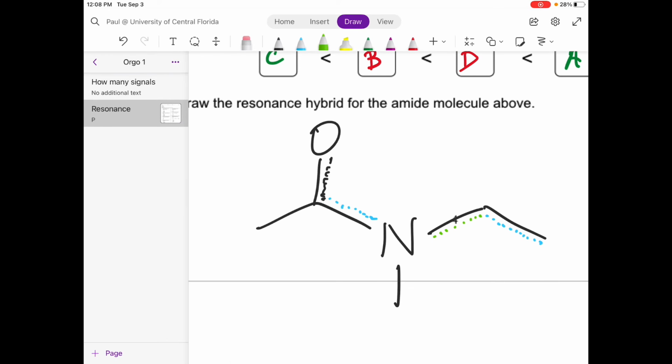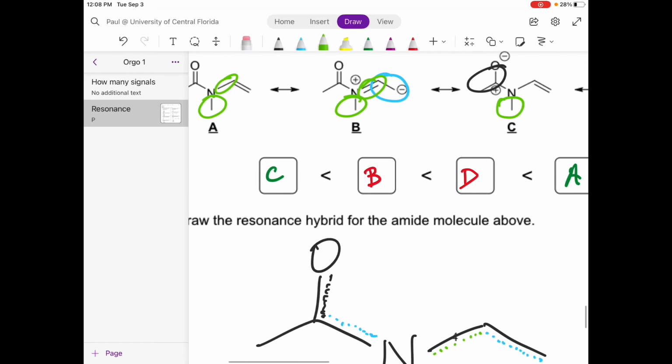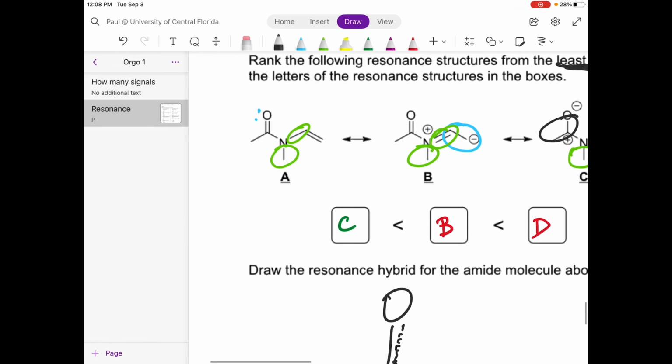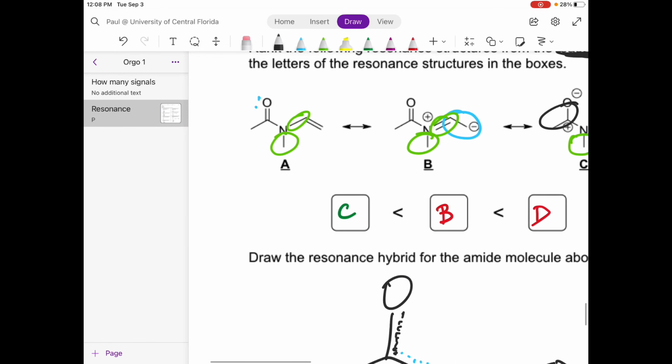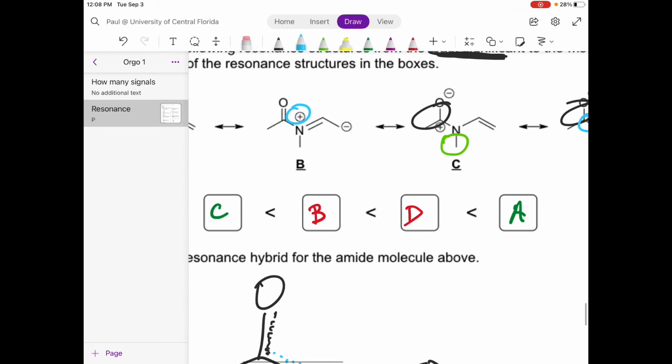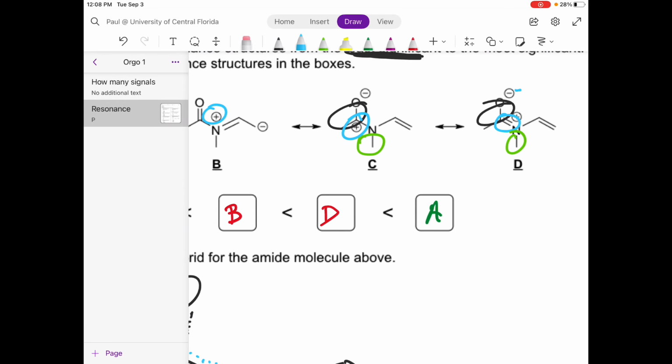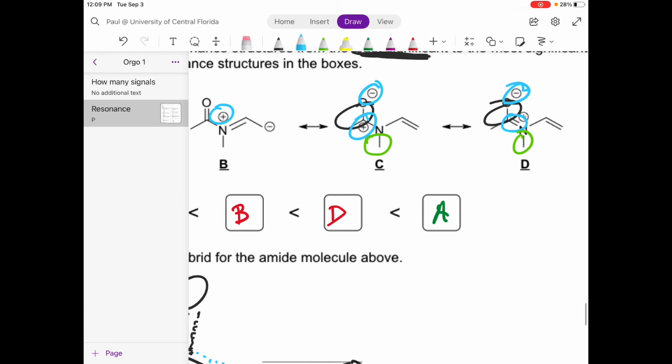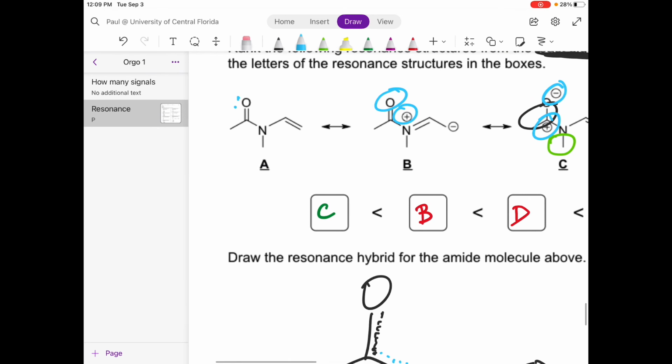Now that we have our double bonds, partial double bonds there, now we just have to figure out the partial charges. Okay, and so we see a full-blown positive charge on the nitrogen. Okay, full-blown positive on a carbon, and a full-blown negative on the oxygen. But sometimes the oxygen is neutral.